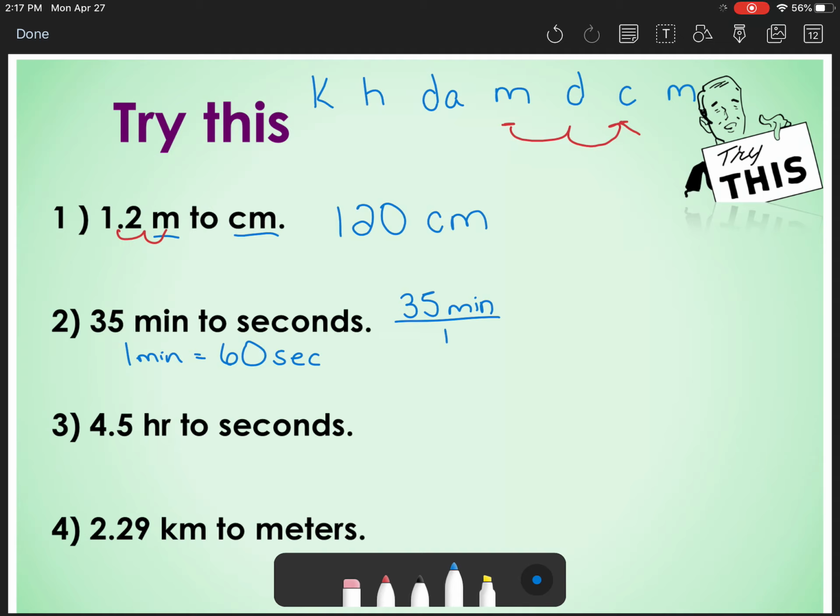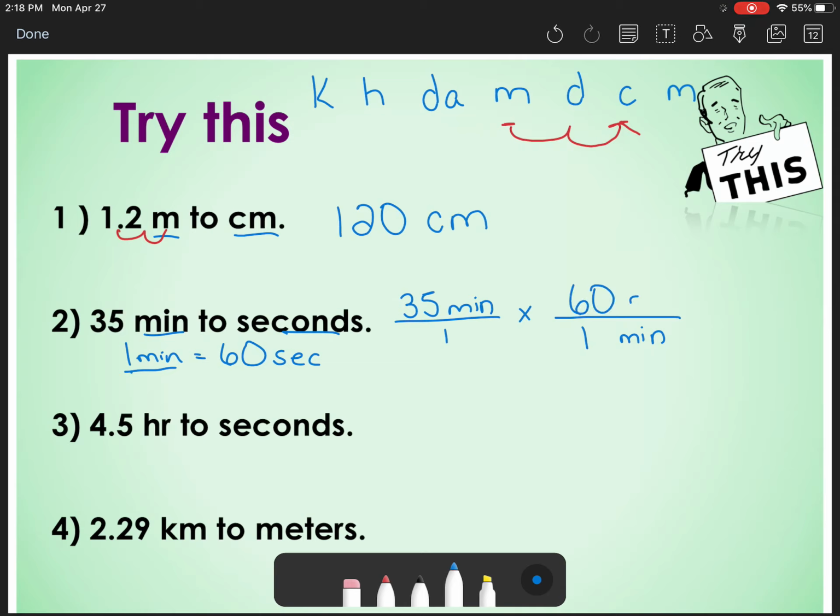Again, the idea of a conversion factor is figuring out, with the 2 units you have involved, how you make them equivalent. And you're always better off making the larger unit equal to 1 and figuring out how many of the smaller unit equal that. Okay, so I know that 1 minute is equal to 60 seconds, but I also have to make sure that the minute goes on the bottom of my next fraction so that my minutes can cancel.